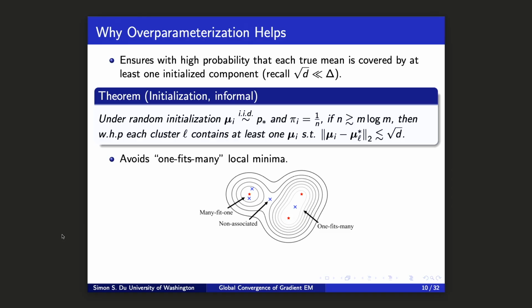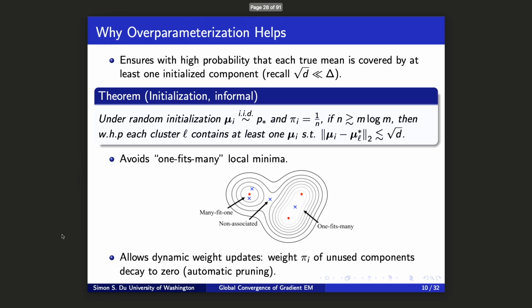Because this one is close to both this mean and this mean, it will get stuck here, and this mu will not move by much if you run a simulation. So this is a failure case. But if for each ground truth mean you have one mu that's close to it, then eventually it will learn the ground truth.